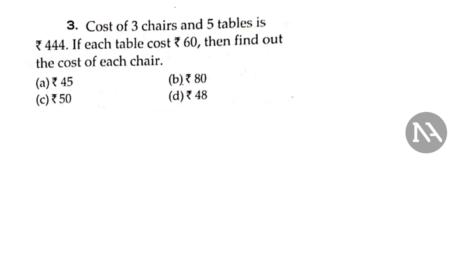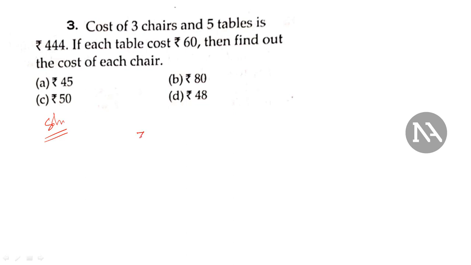Here is the next question. Cost of 3 chairs and 5 tables is 444. If each table costs 60, then find out the cost of each chair. So first you will write the given relationship.